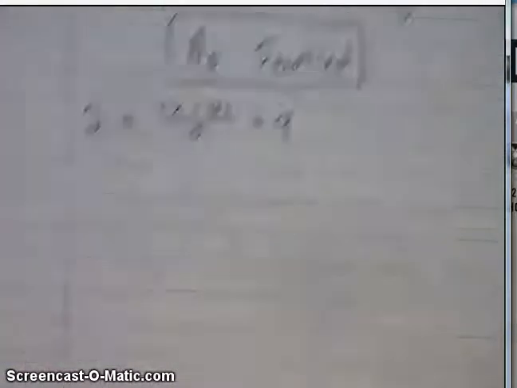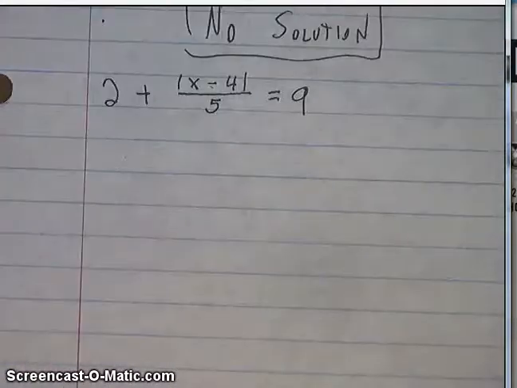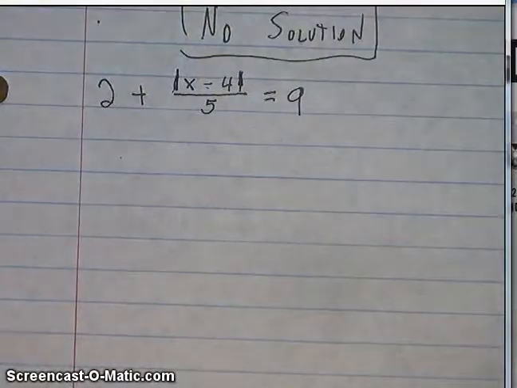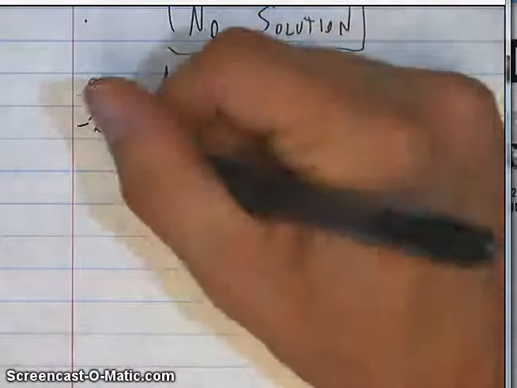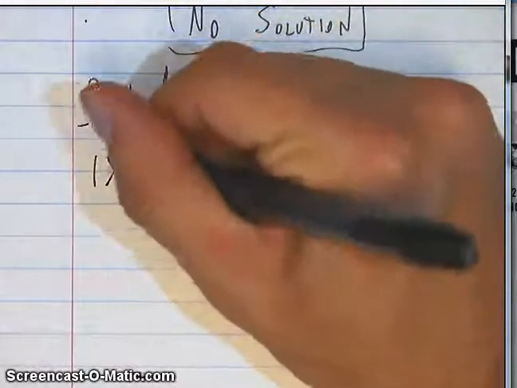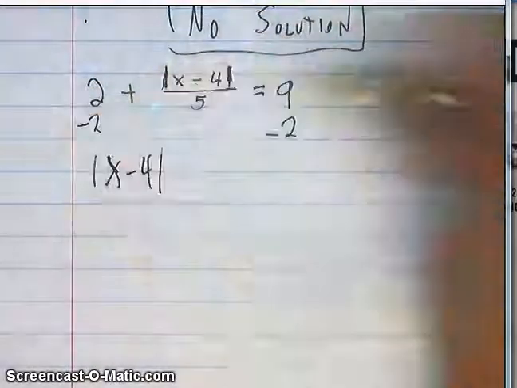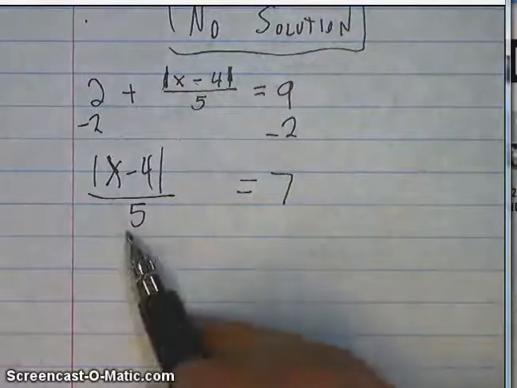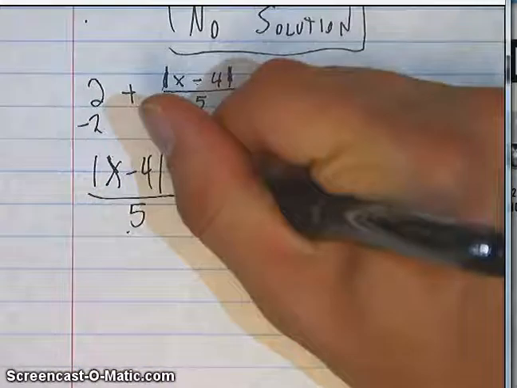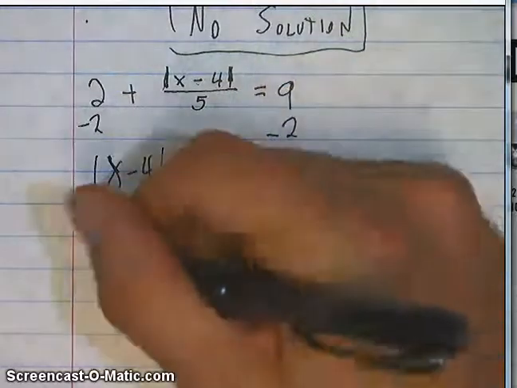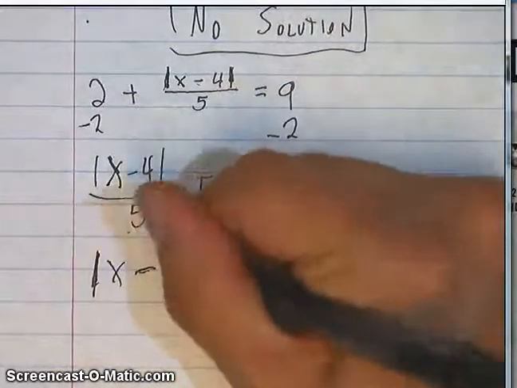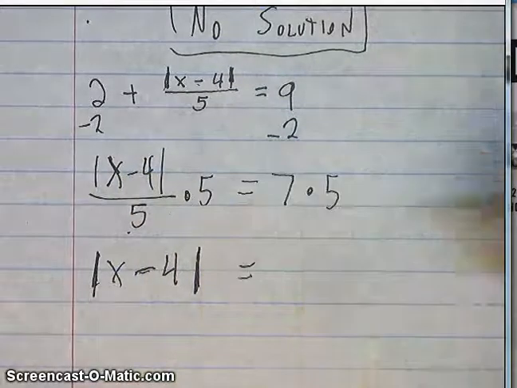Okay, last one. 2 plus the absolute value of x minus 4 divided by 5 equals 9. Bars are definitely not by themselves, so I'm going to subtract 2. Absolute value of x minus 4 divided by 5 equals 7. I want to get rid of that 5, so I'm going to multiply by 5 on both sides. Absolute value of x minus 4 equals 35.